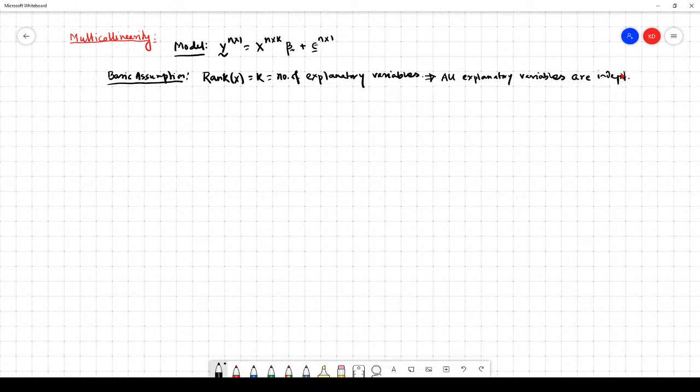That is, there is no linear relationship among the explanatory variables.